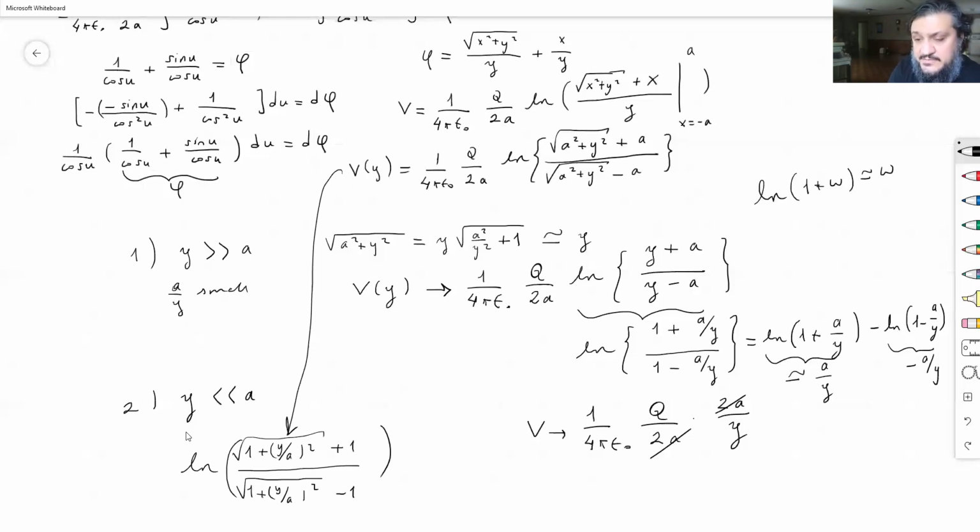And this creates a problem, because when y over a is so small, this is 1 minus 1, you get an infinity. That's not good. So we're going to be stuck if we do it like this, and that's because we're considering an infinitely long charge. If we take this answer for generic a and y and try to apply that idea of limiting, we're going to get into trouble. So we have to come back to this later.